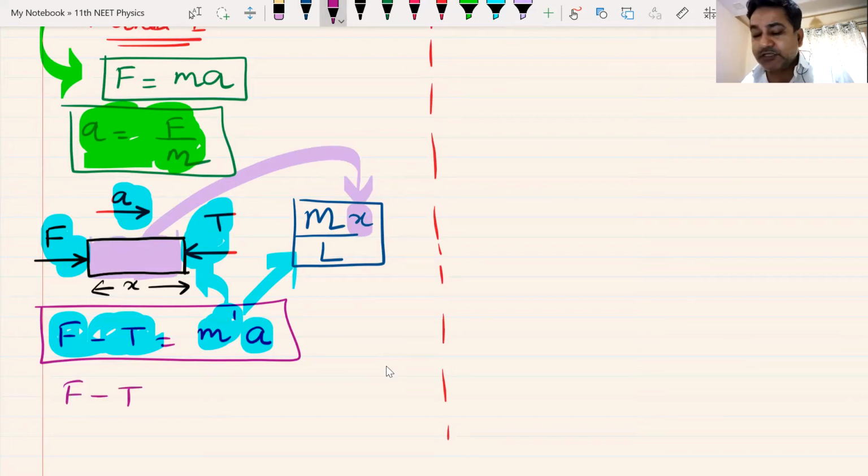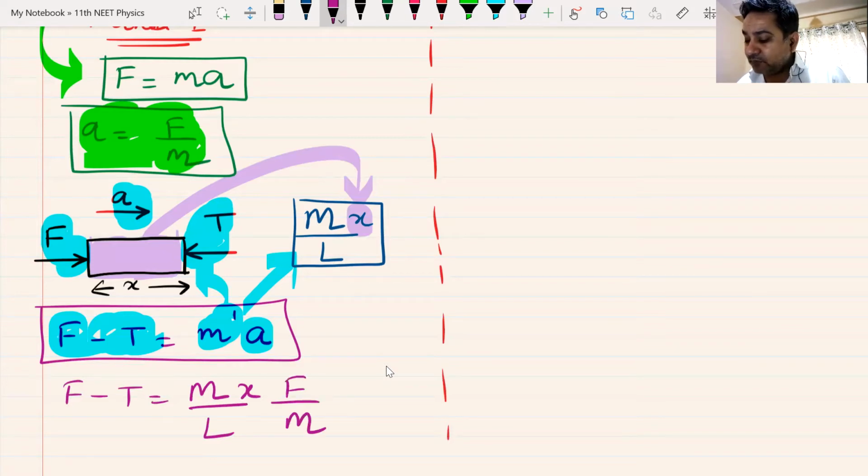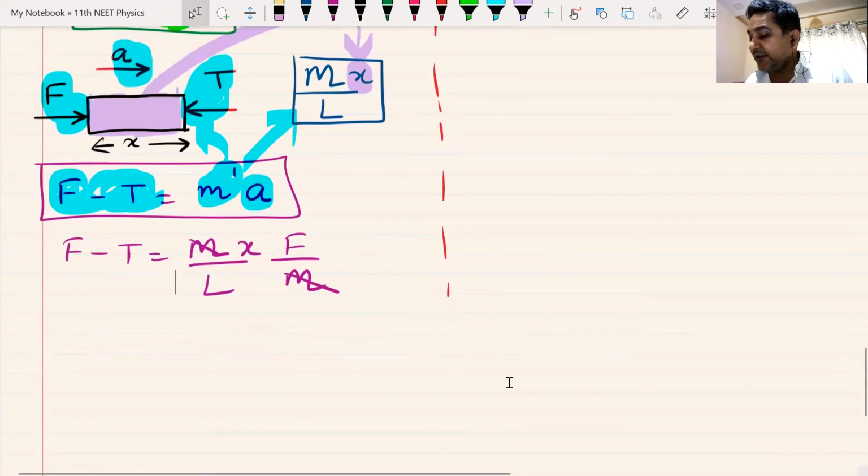F minus T is equal to m dash, which is m by L into x. Value of acceleration is F by m. So m and m get cancelled, and I get the tension in this block.